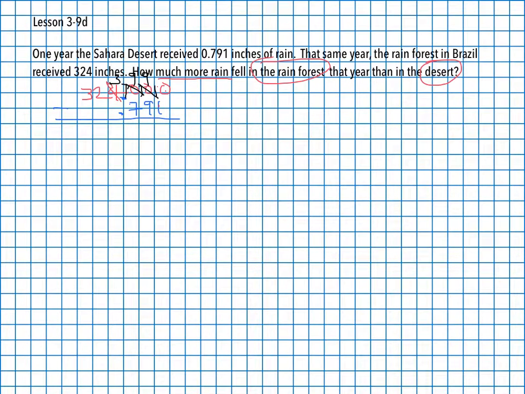So 10 less 1 is 9. 9 less 9 is 0. 9 less 7 is 2. Bring down my decimal point right there. That's 323 inches. So the answer is 323 inches, 209 thousandths more rain fell in the rainforest than in the desert.